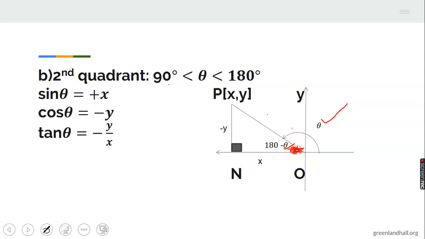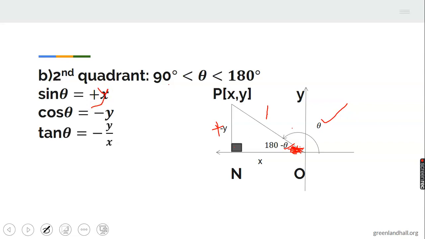So the sine for this angle here: y is positive. So it's opposite, positive, opposite over 1, which will give us plus y.